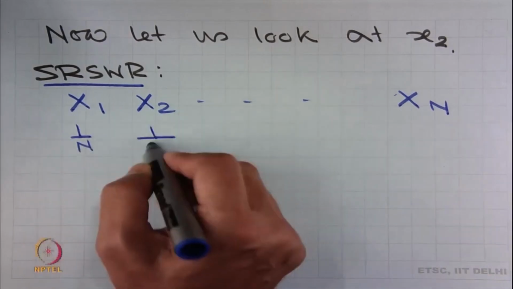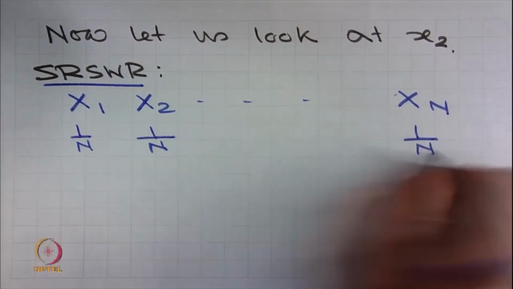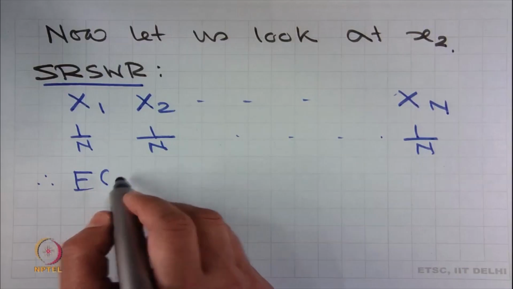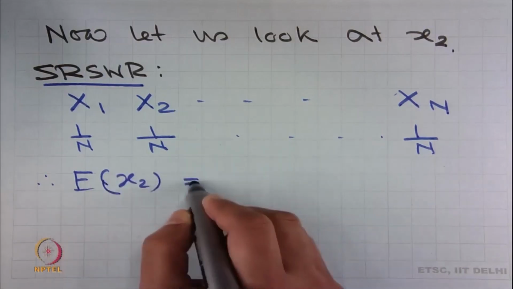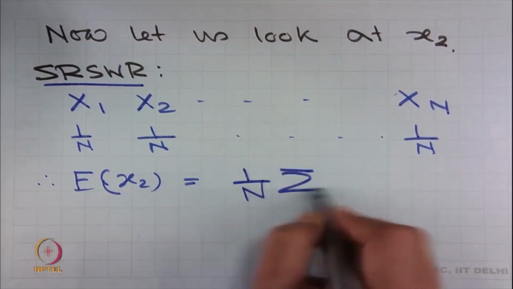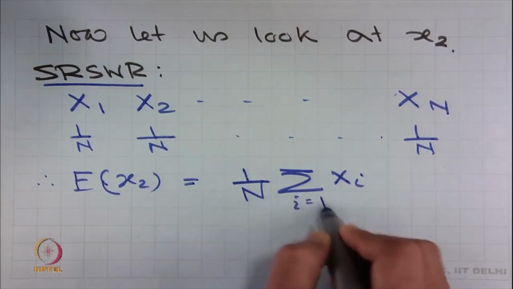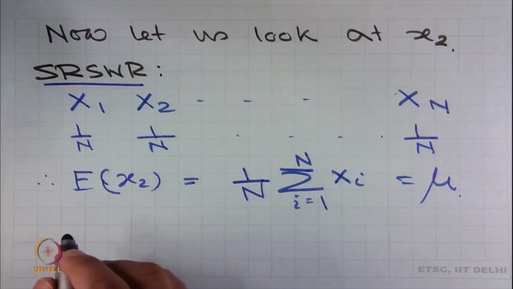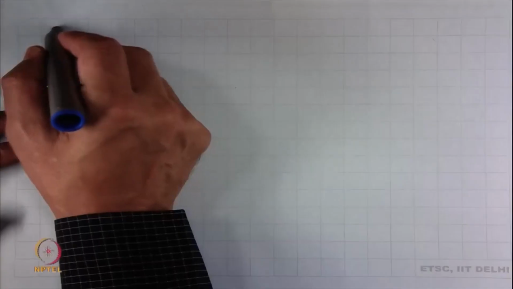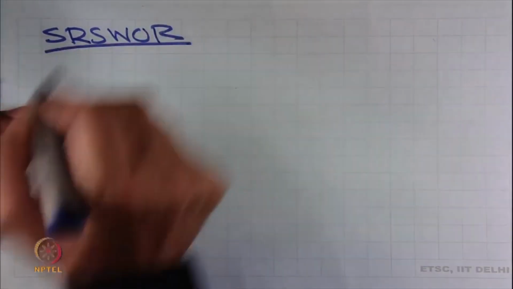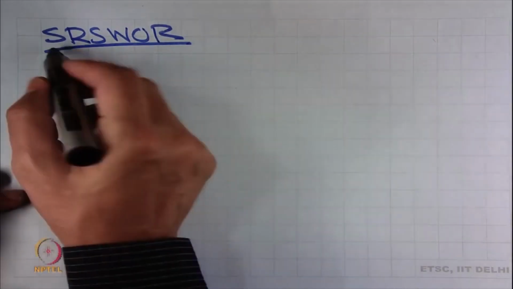All of them will have the same probability 1 by N, and therefore, expected value of X2 is equal to again 1 by N into sigma x_i, i equal to 1 to N, is equal to mu. But now things change with respect to SRS-WOR. So, what will happen in this case?